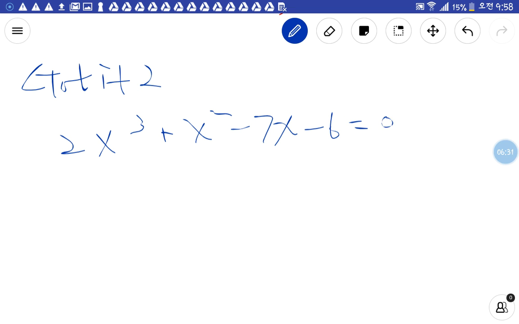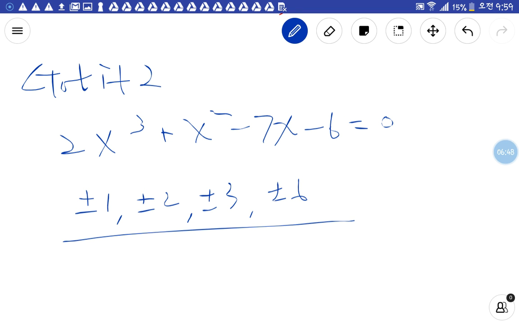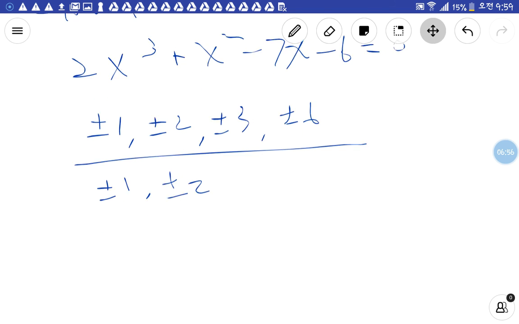Okay, so please list all the possible rational roots, which are the factors of the constant, which are 1, 2, 3, and 6, and then the factors of the leading coefficient, which are plus or minus 1 and plus or minus 2. Now write them down in simplest form.